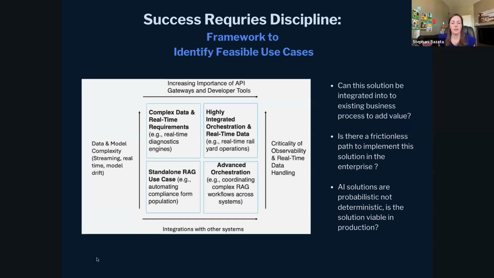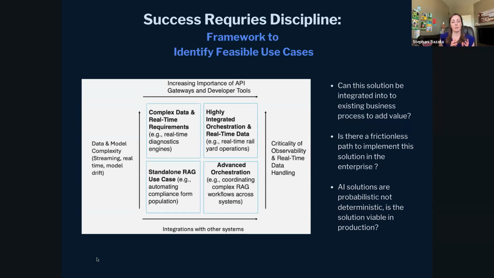If your use case is fairly standalone, meaning perhaps it's a compliance validation and you've identified a lot of manual work that someone has to do by building this spreadsheet every month, and you can build a RAG system standalone that has all the intelligence to go pull the updated format every month, populate it with the data from another source, and then produce that report to the human, it's a perfect use case.